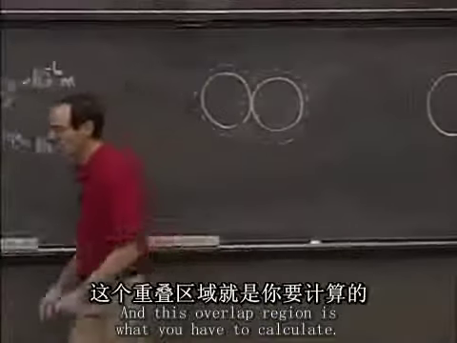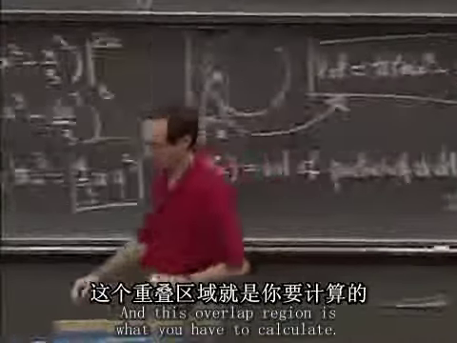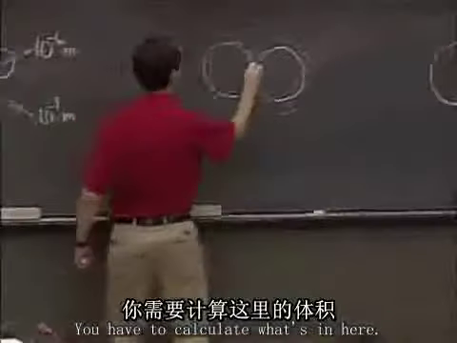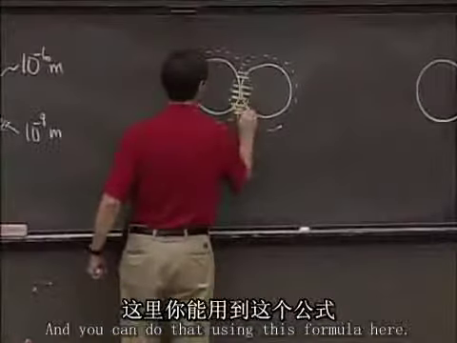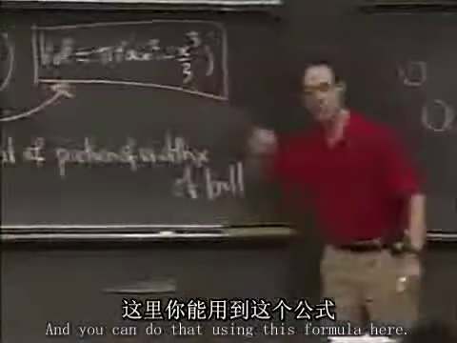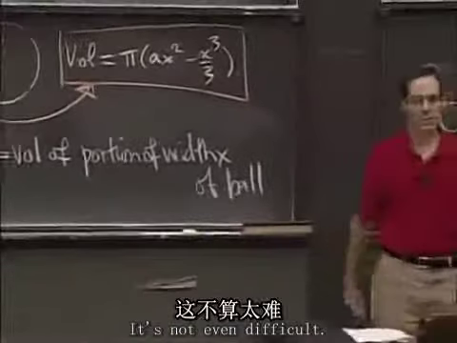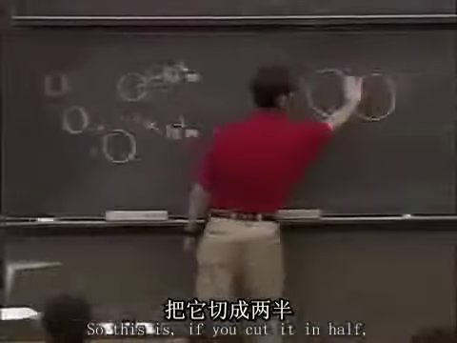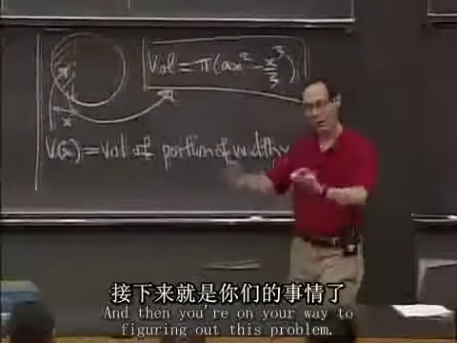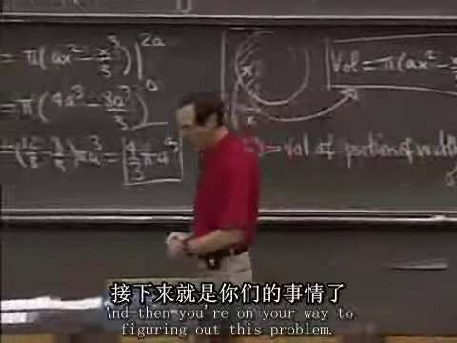And this overlap region is what you have to calculate. You have to calculate what's in here. And you can do that using this formula here. It's not even difficult. All right? So this is, if you just cut it in half, turns out to be 2 of these guys, and then you're on your way to figuring out this problem.